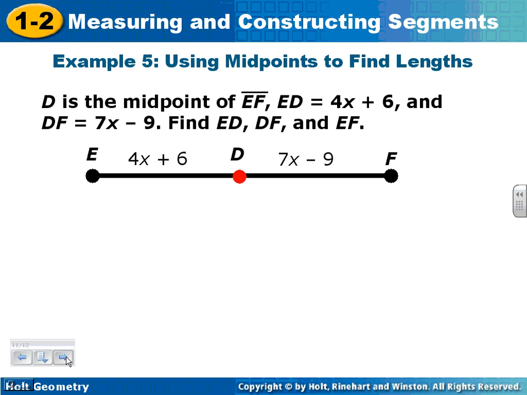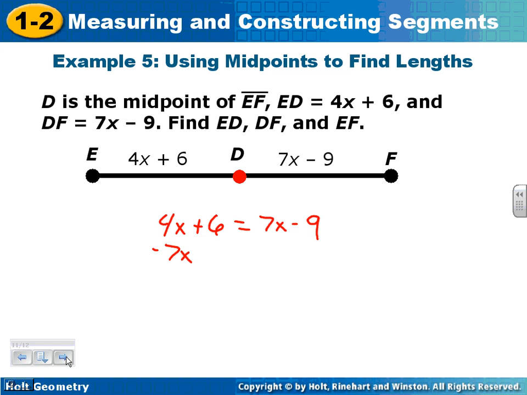Let's try a problem. D is the midpoint of line segment EF. ED is 4x plus 6, and DF is 7x minus 9. So what we do algebraically is we just say 4x plus 6 equals 7x minus 9.